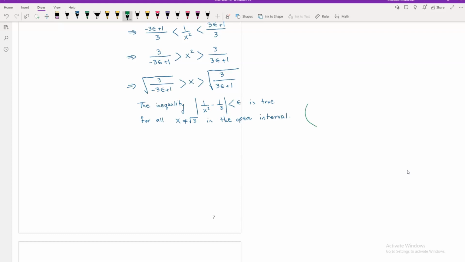So our open interval is square root of 3 divided by 3 epsilon plus 1, comma, square root of 3 divided by 1 minus 3 times epsilon.